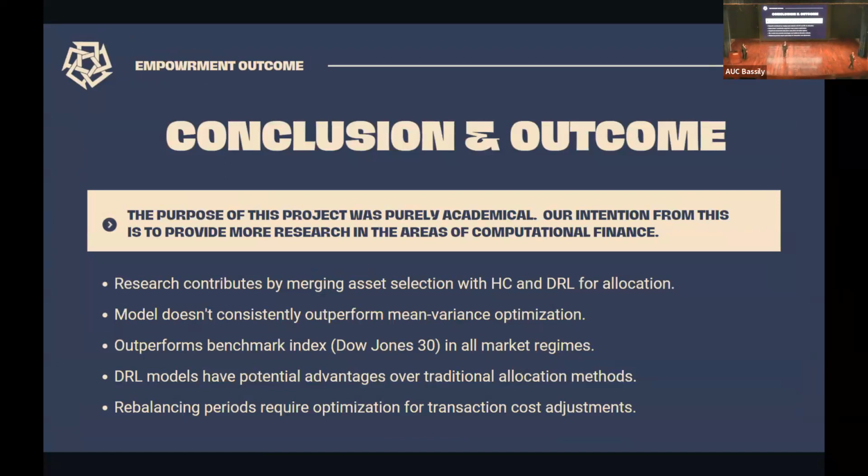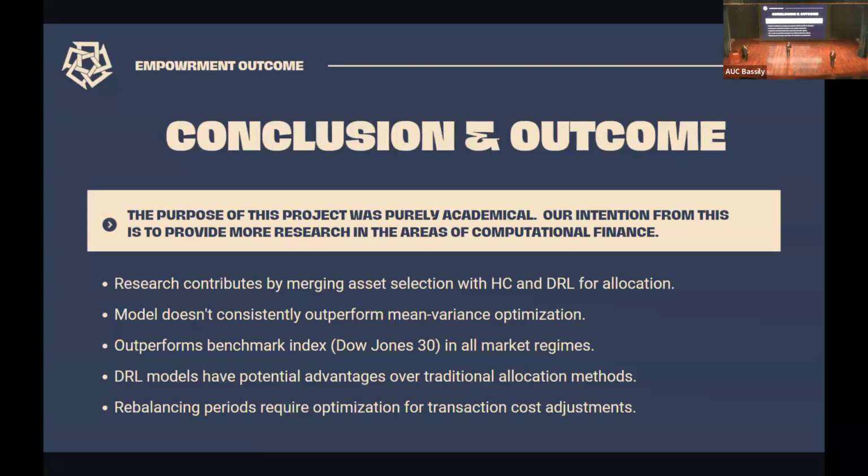So our project is purely for academic and research purposes, specifically within the field of computational finance. The methods themselves contribute by merging hierarchical clustering alongside DRL. It doesn't necessarily beat the Sharpe ratio, or rather in this case, the mean variance, but it does do better in most of the market regimes versus the benchmark index.